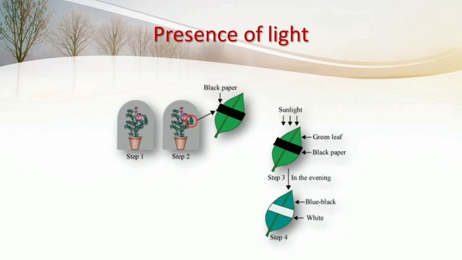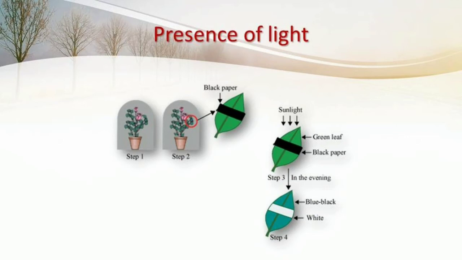If you take a leaf and cover a partial part of the leaf with black paper and then expose it to sunlight, after that you see the green part exposed to sunlight turns blue-black in color, whereas the portion covered with black paper stays white. This shows that photosynthesis occurred only in the green parts of the leaves in the presence of light.